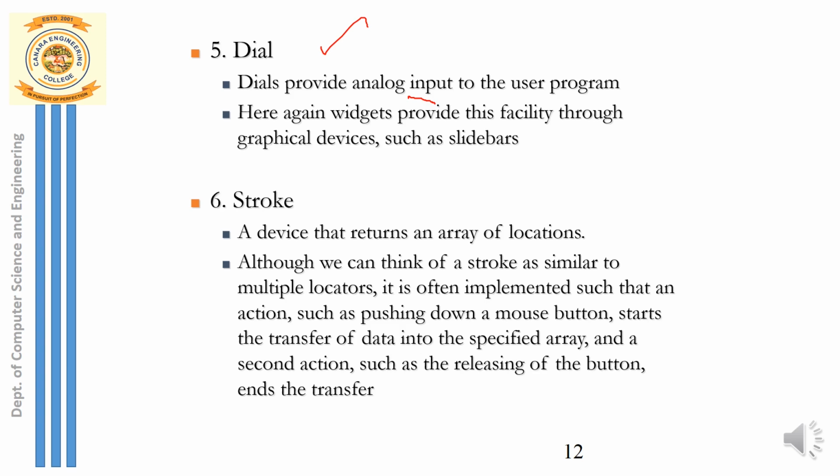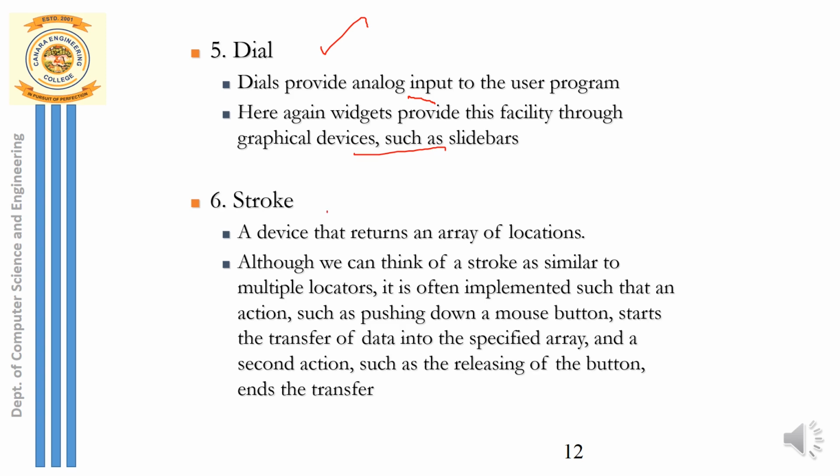Your speaking is nothing but your analog signals, which are given as input to the program. Whenever you speak something, there should be some action happening on the graphics. So this is the analog input you give, and the corresponding action will be done. This is accomplished with the help of slide bars and so on.